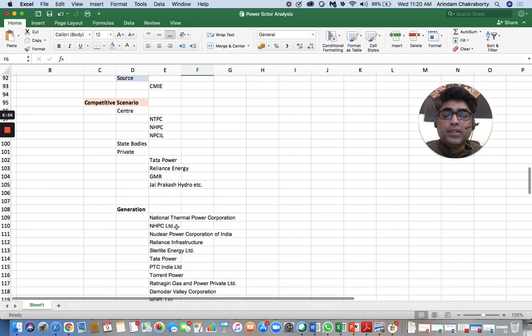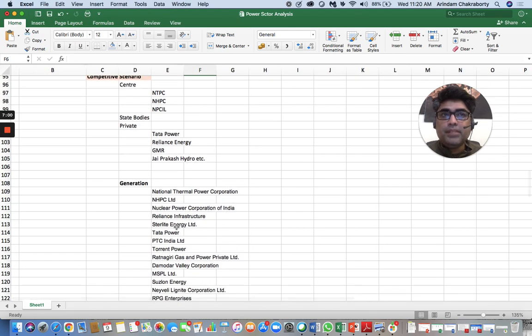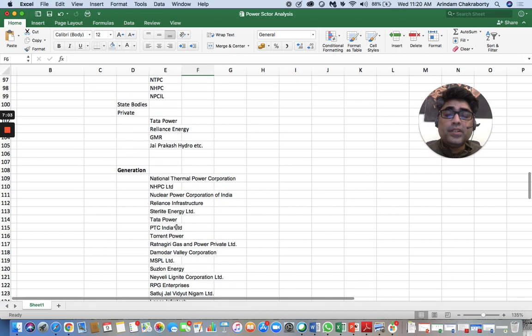Then we also need to understand how power generation is working in the context of different companies.